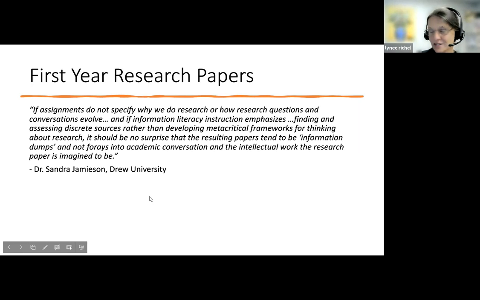One of the major researchers for the citation project is local, another Morris County faculty member. Her name is Dr. Sandra Jameson, an English professor at Drew University, who on occasion coordinates the first year writing project for Drew. And in one of her pieces on her work on the citation project, she has this important quote.